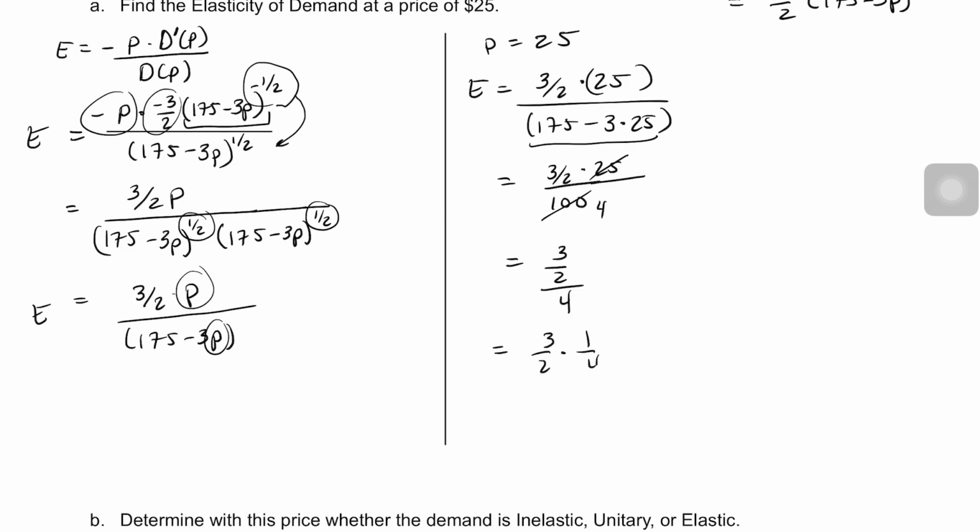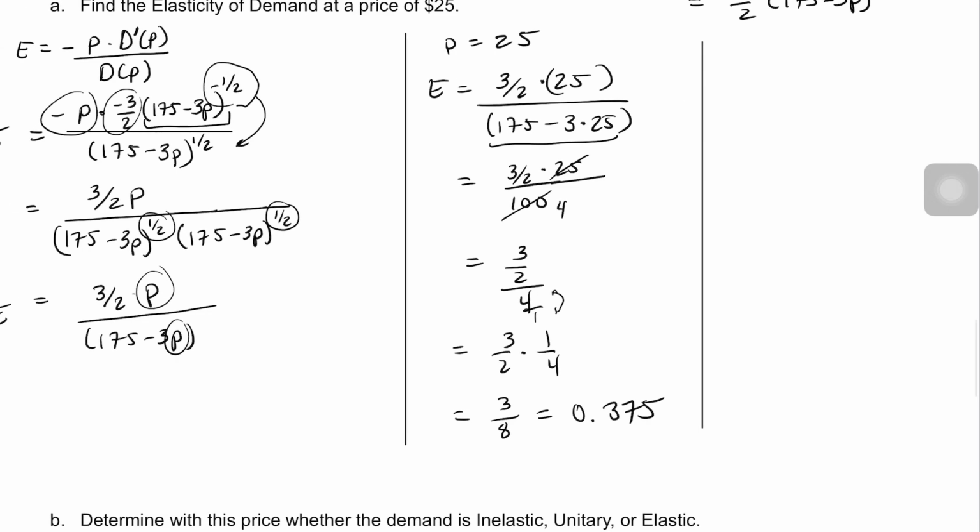times 1 over 4. If we change this division into a product by flipping the reciprocal, we have 3 times 1 is 3 and 2 times 4 is 8. So this is 0.375. So the elasticity E is equal to 0.375.